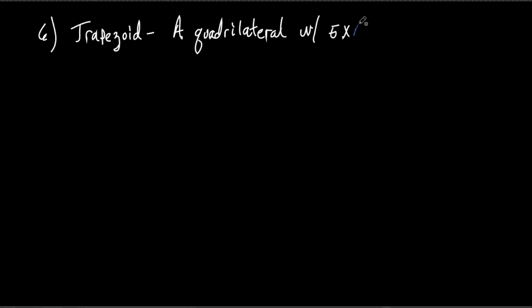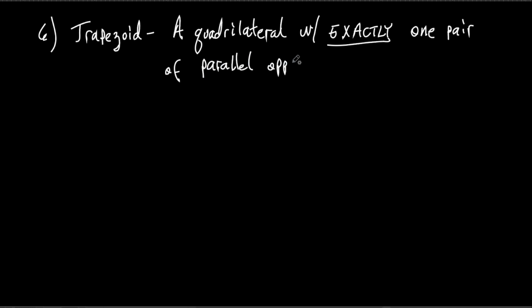That's an E. Exactly one pair of parallel, I'll write that word out this time instead of writing the symbol, opposite sides. Opposite sides. All right, what in the world is that?